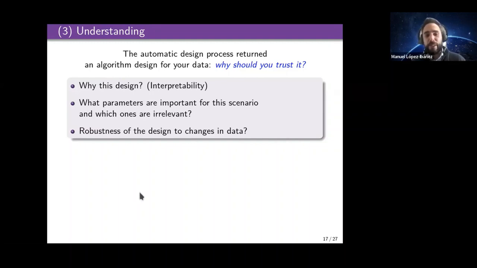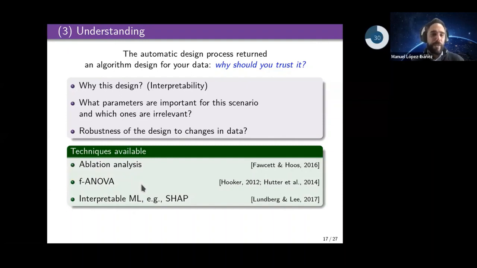These are questions about the explainability or the interpretability of the designs generated by the system. And there are some techniques available, taken from interpretable ML and explainable AI, that can be applied to this field. But I think there is still much more that can be done to add to the explainability.